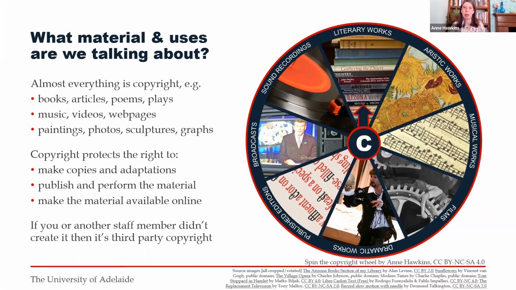But copyright owners also have the right to adapt the material, publish and publicly perform the material, and to make the material available online. So for example, music playing in the uni bar is considered a public performance, and a report uploaded to the university website would include the right to copy and make available online. And if it was the first time the report was made public, then it would also involve the publication right.